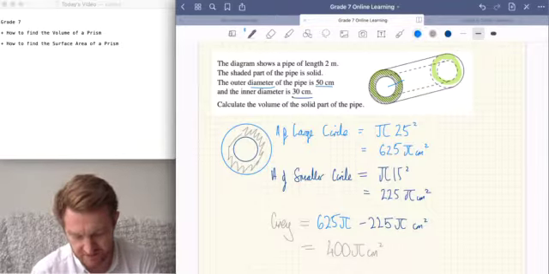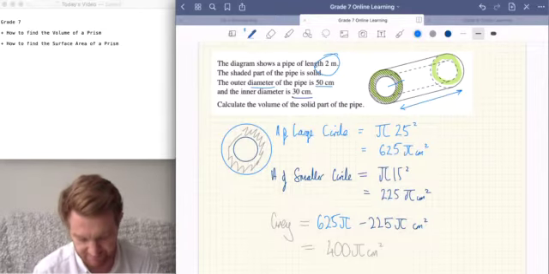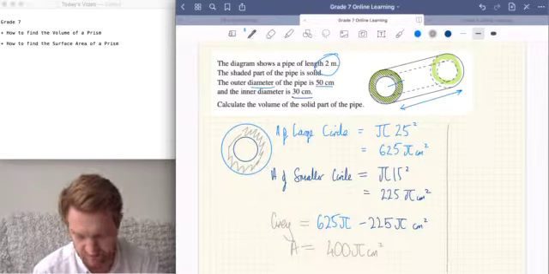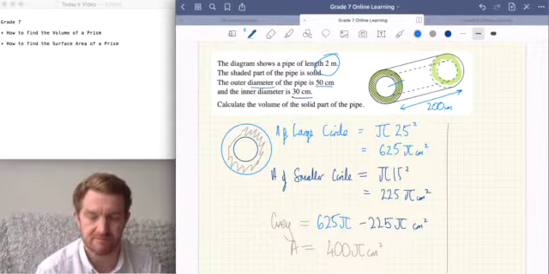The question also tells us the length is 2 meters. That means the distance here. So we now know the area of the grey is 400 pi. So all you need to do is say, well, that's 2 meters or 200 centimeters.